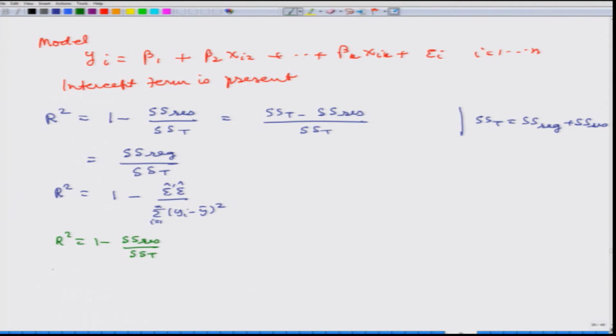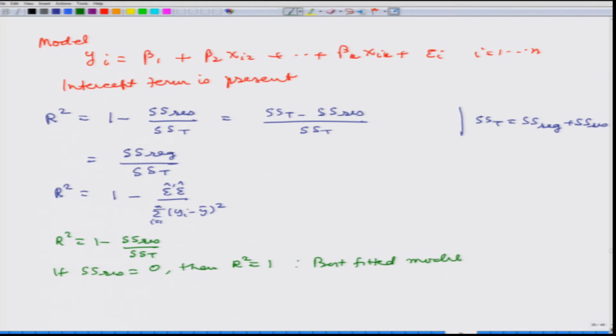So, if sum of square due to residual is 0, then R square is equal to 1, and this is the best fitted model. And that would be an ideal condition in which we are all interested.